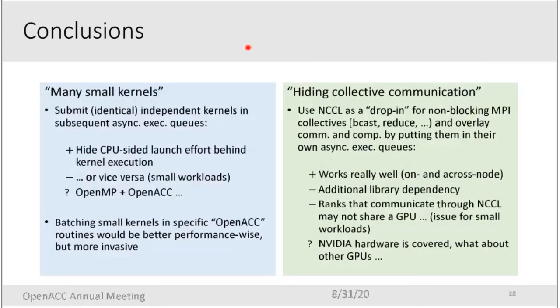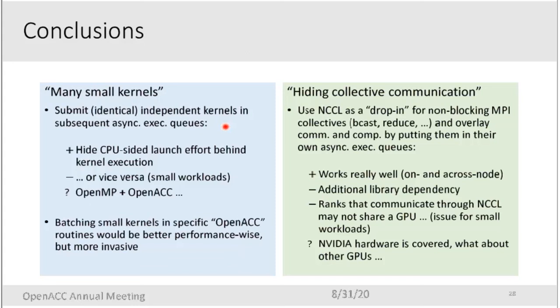Yeah, so this brings me to my conclusions. We had 2 problems. We have many small kernels that we tried to combat with this asynchronous execution by submitting identical independent kernels into subsequent asynchronous execution queues. Well, we do hide CPU-side launch effort behind kernel execution for large jobs, but for small workloads, it's the other way around.